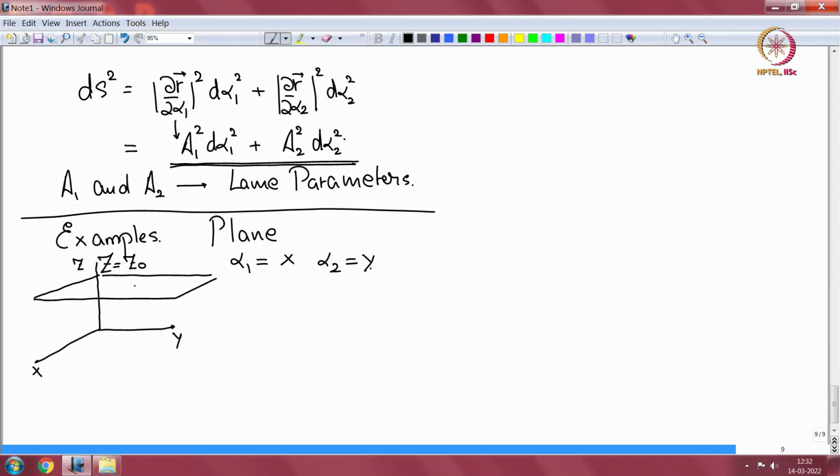Now I want to describe a point P on this plane. So what is the description? R of x, y is equal to x i hat plus y j hat plus z0 k. Okay, so it is independent of z.